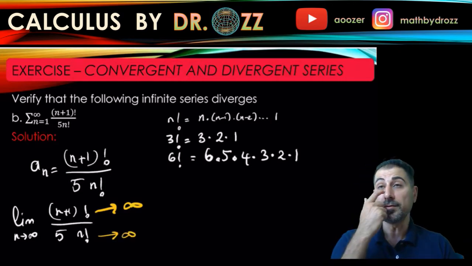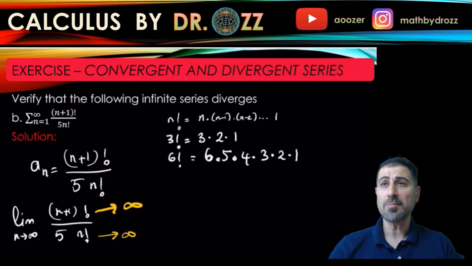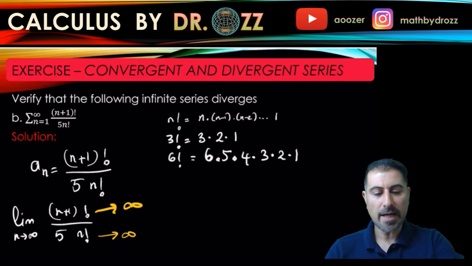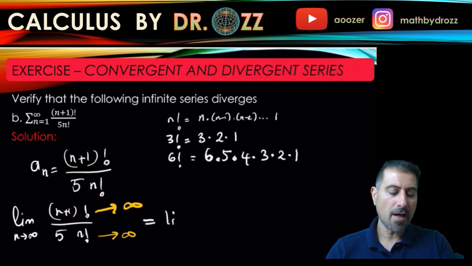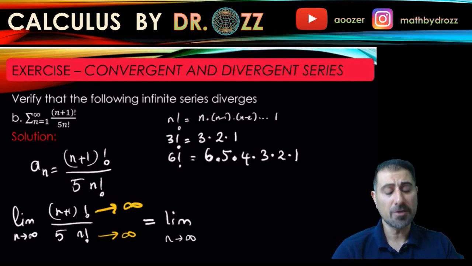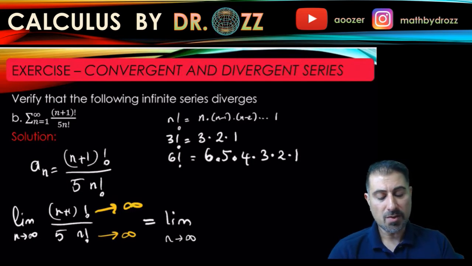So you're having infinity over infinity type indeterminate form. So to handle that, we simplify the top and the bottom by using the definition of the factorial. So since n plus 1, we have n plus 1 factorial and n factorial.